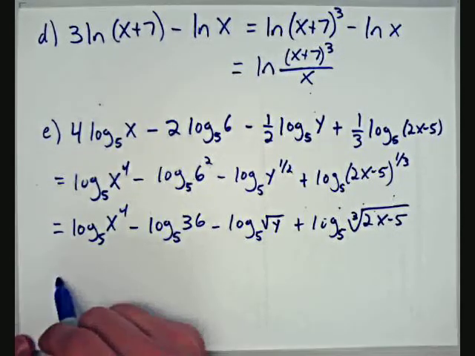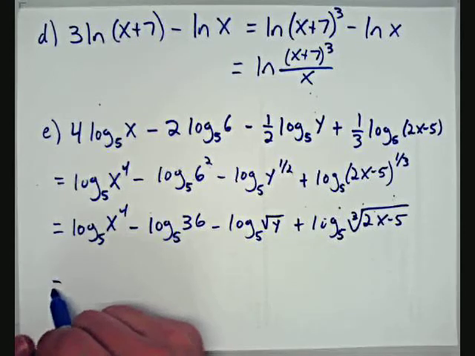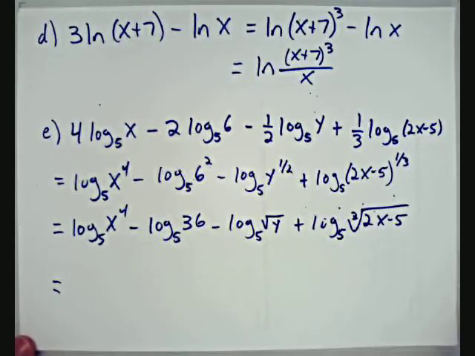Okay, now we move on to combining this into one single log using the product and quotient properties. So how that will work is any log that is added will go into the numerator. Any log that's being subtracted will go into the denominator.